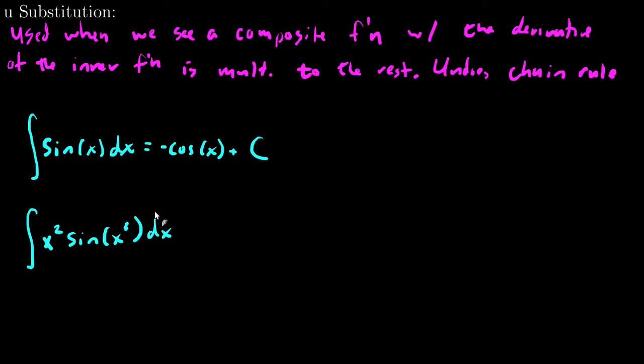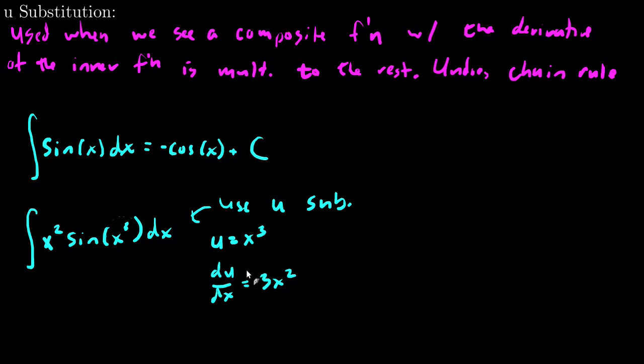I'm not going to go into the details here, we'll see some examples, but this is a case where we would use u-Substitution. I'm going to let u equal this inner function, x cubed. The derivative of u with respect to x is 3x squared.